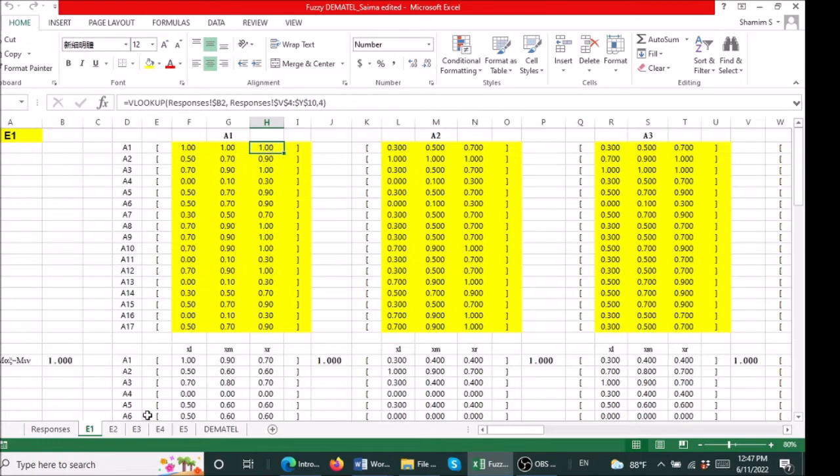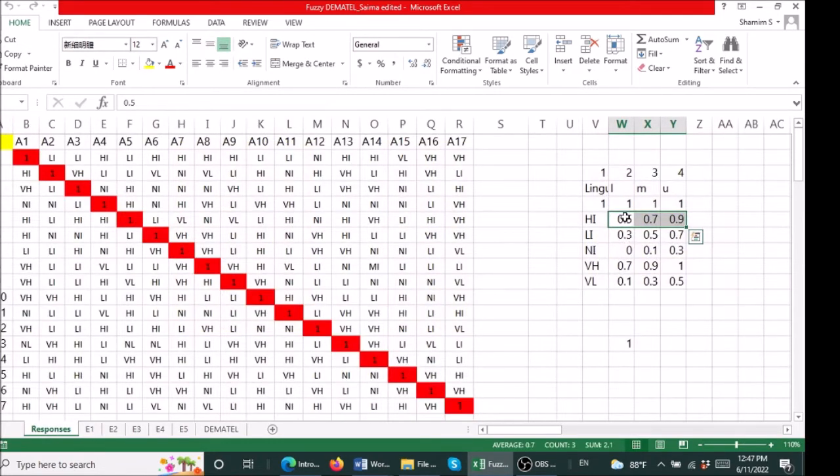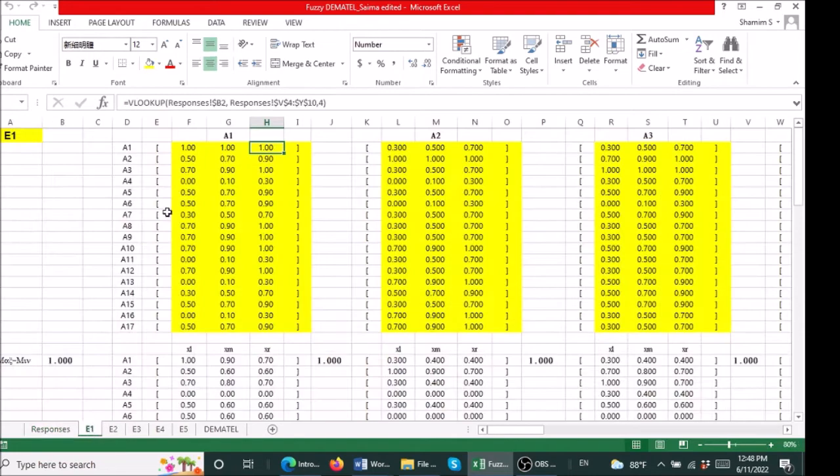Okay, so we see our lower limit falls in column 2, the middle value falls in column 3, and the last one falls in column 4, and that's why we have used 2 here, 3 here, and 4 here. Okay, so this is the same formula.